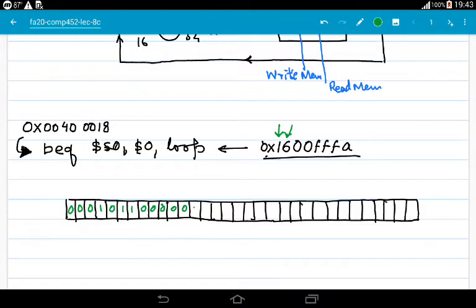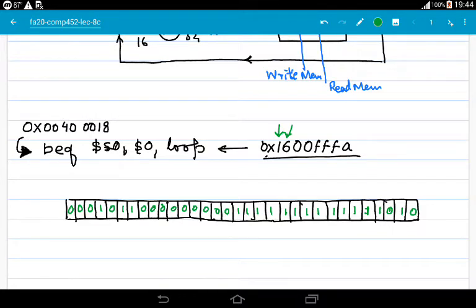We have another 0, 0000. Then we have F, it is 1111. Another F, 1111. Then a third F, 1111. And then we have A. A is 1010.